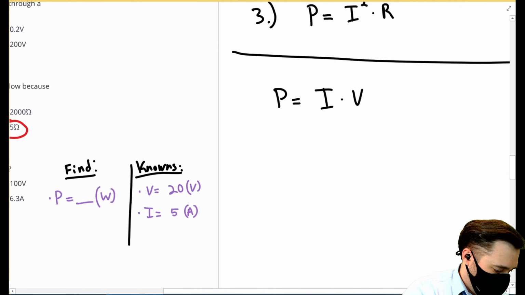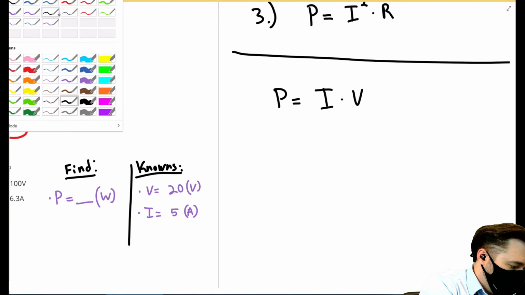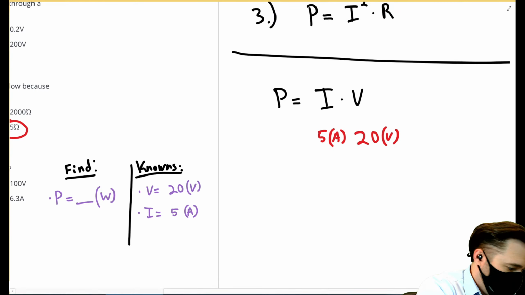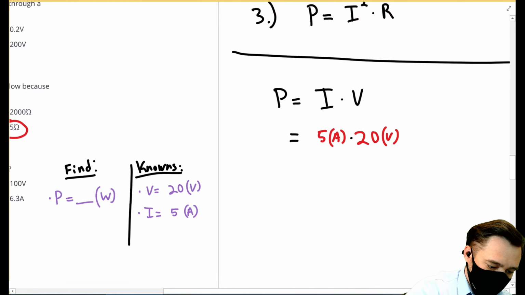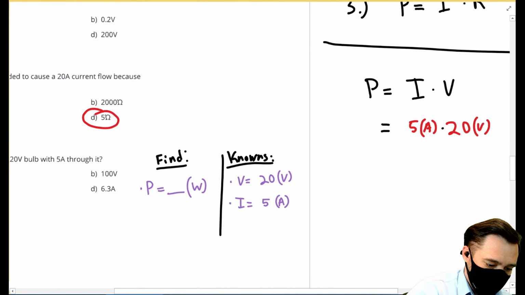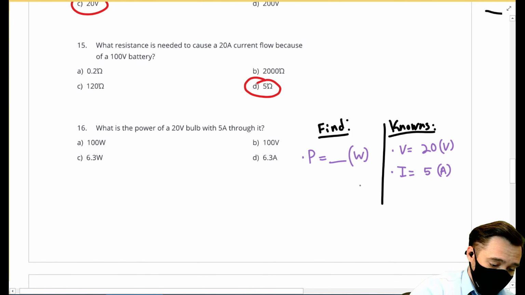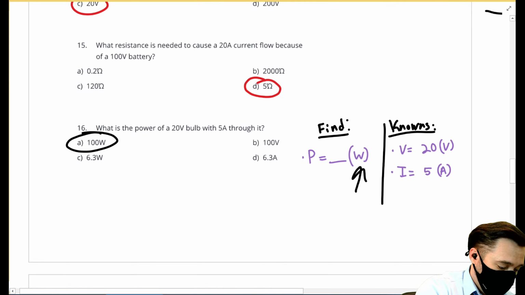All right, and I'm already trying to solve for P, and my equations are already set up. So I need to plug in the values. So voltage is 20 volts, and then my amps is 5. So 20 times 5 is, there we go. And it needs to be in units of watts, so 100 watts.